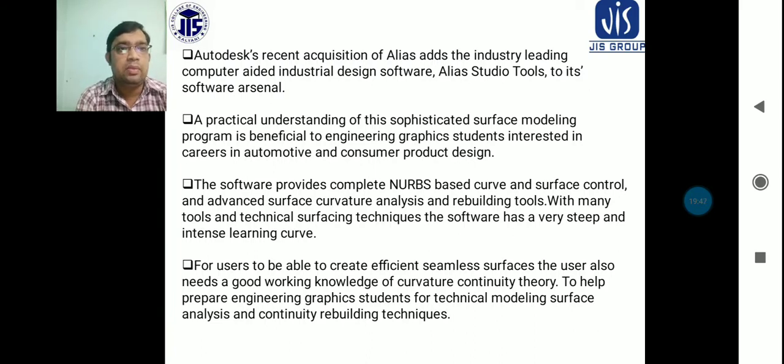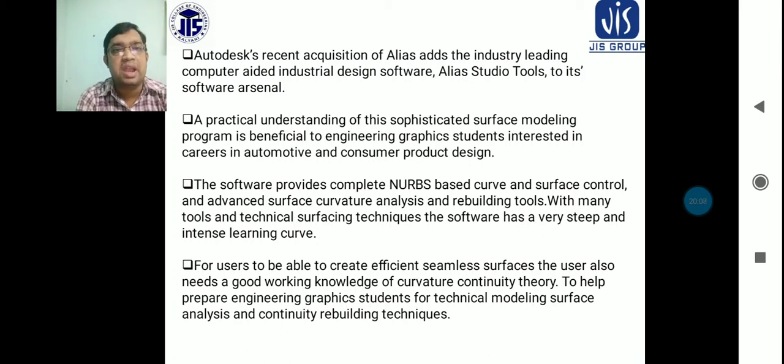The software provides complete NURBS based curve and surface control and advanced surface curvature analysis and rebuilding tools.